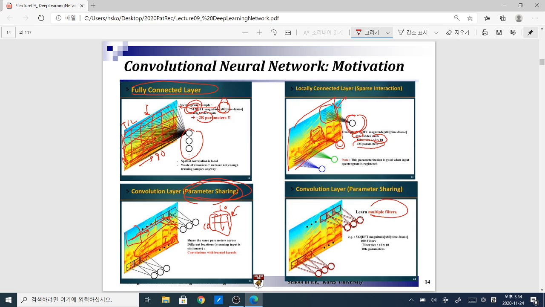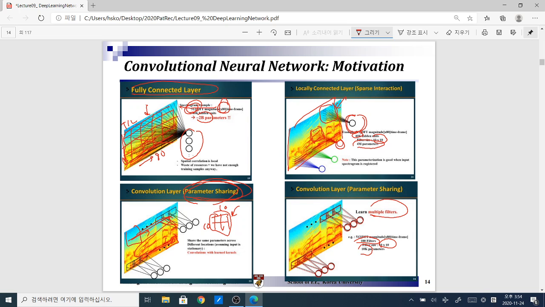use multiple filters. So instead of using one, let's say we could have 100 filters. So having 100 filters, with each filter size being 10 by 10, the number of connections or the weights would be just 10,000.